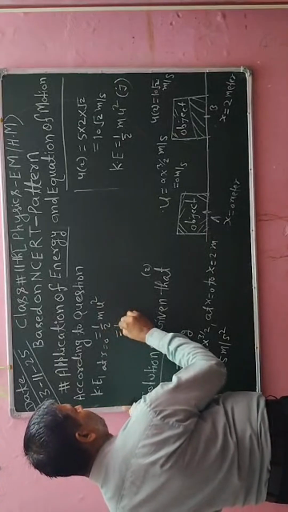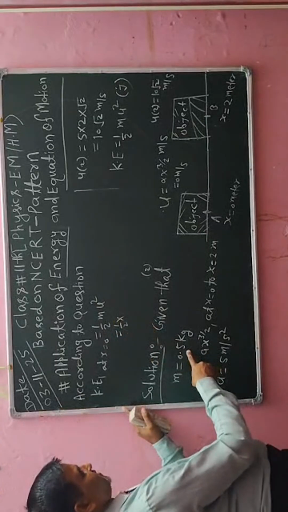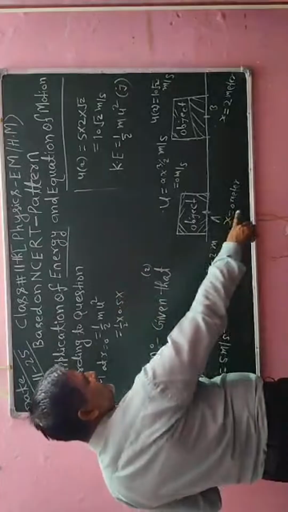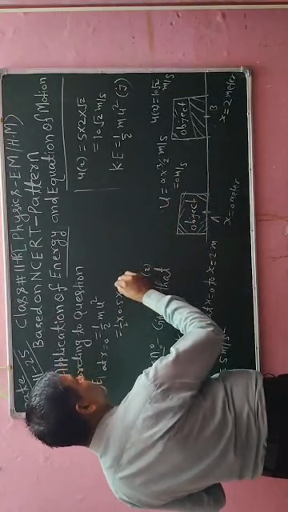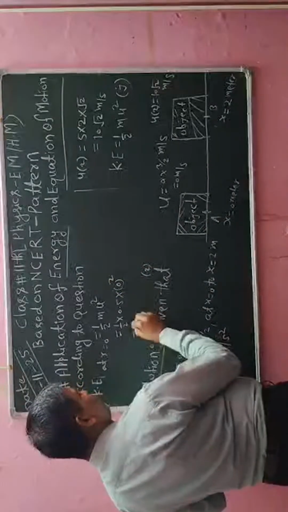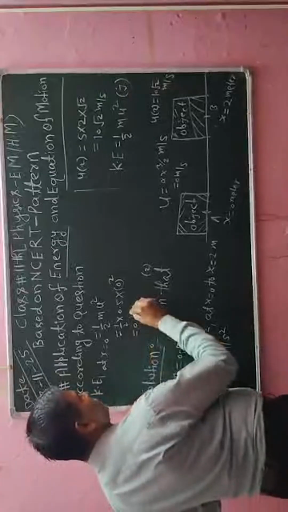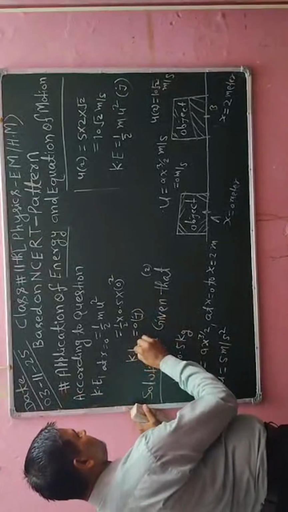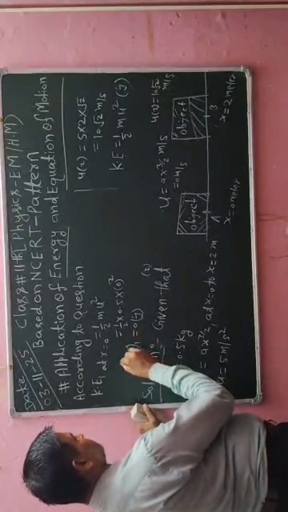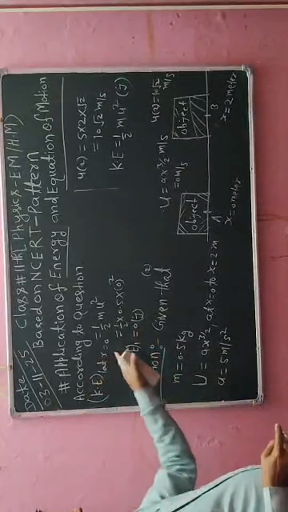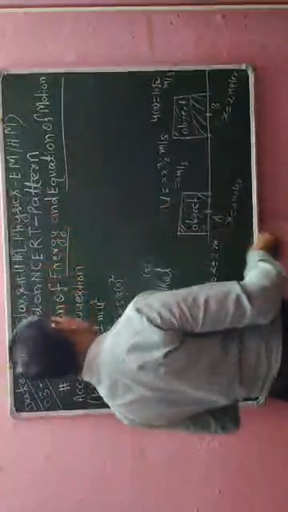So I will write 1/2, and the mass is 0.5 kg, and at x equal to 0 the velocity is 0, whole square. After solving I will get its value 0 joule. Okay, so this is the kinetic energy KE1 at point x equal to 0. Similarly I will calculate the kinetic energy at the point B.